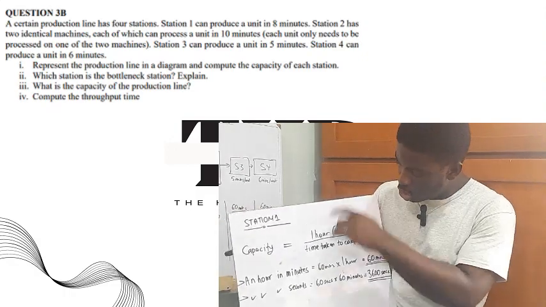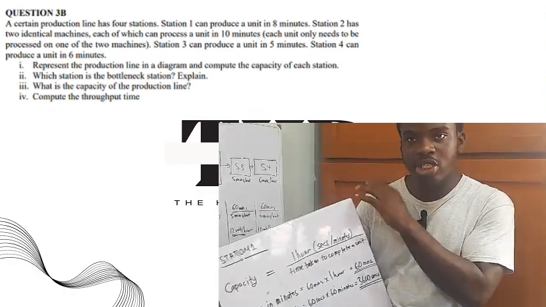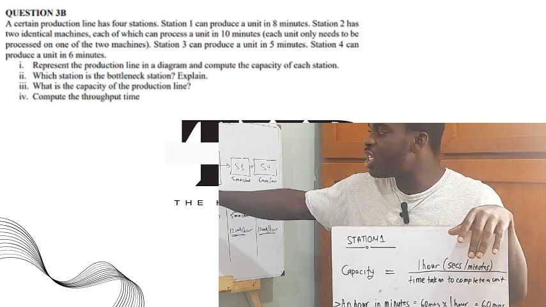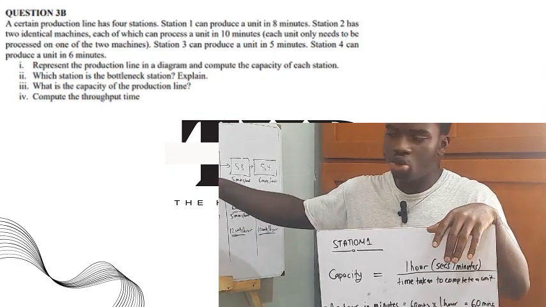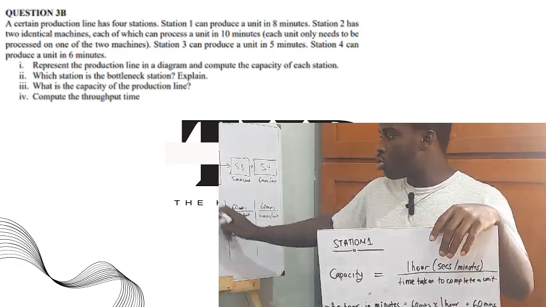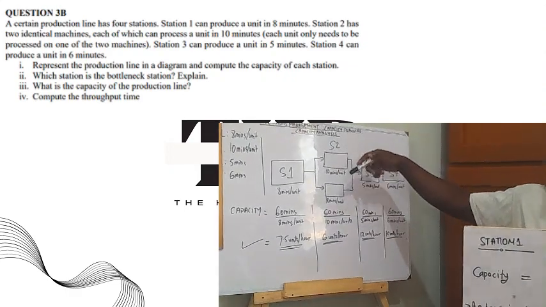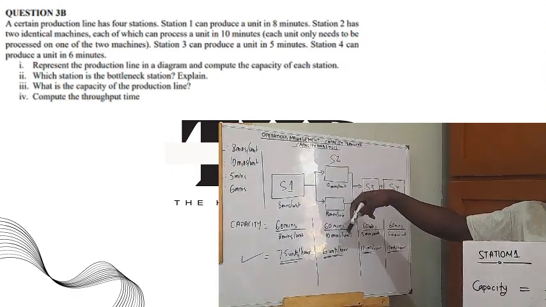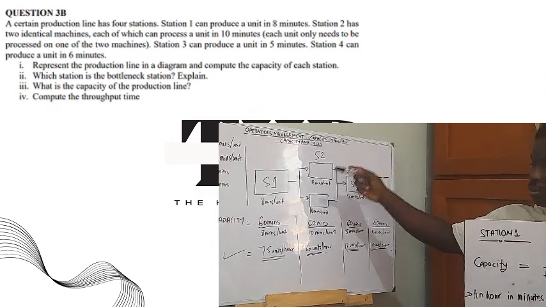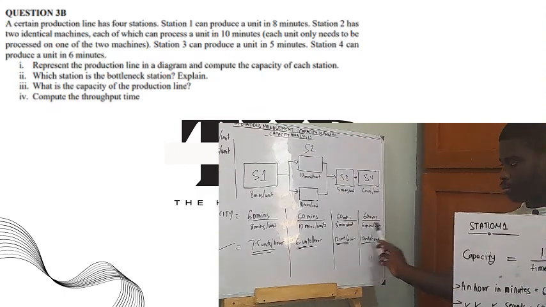The time taken to complete the unit is per station. So station 1 uses 8 minutes to complete 1 unit. At station 2, you don't do 10 plus 10, you just take 10, so it's 60 divided by 10.